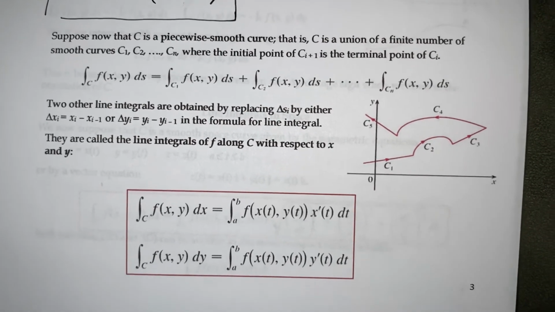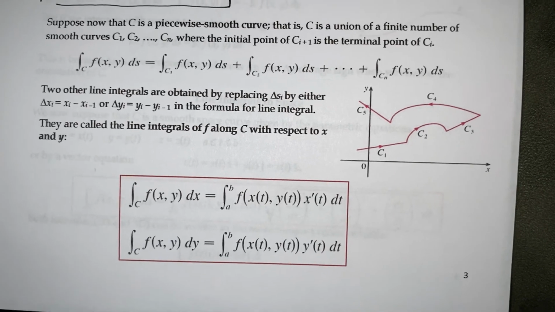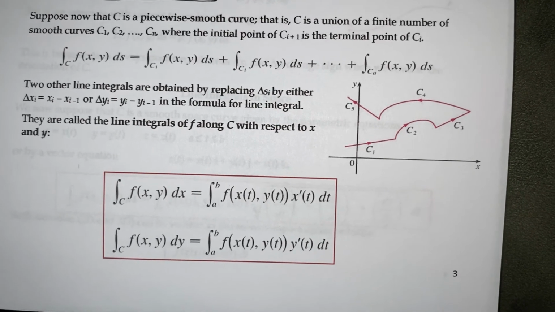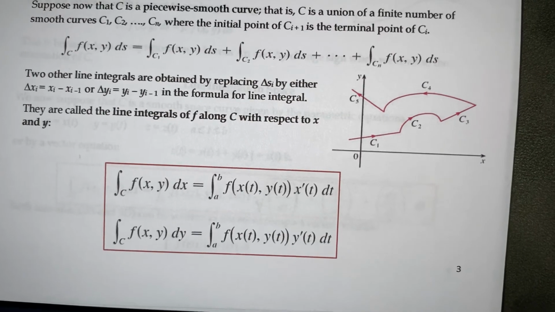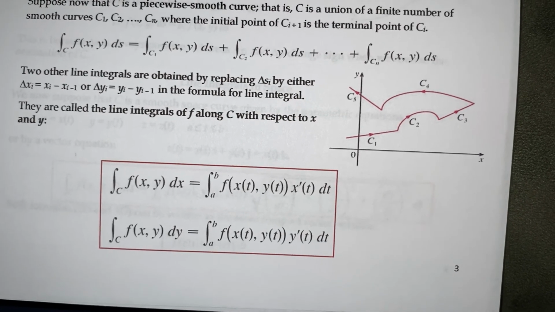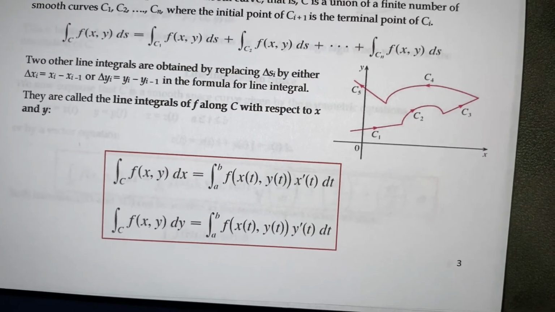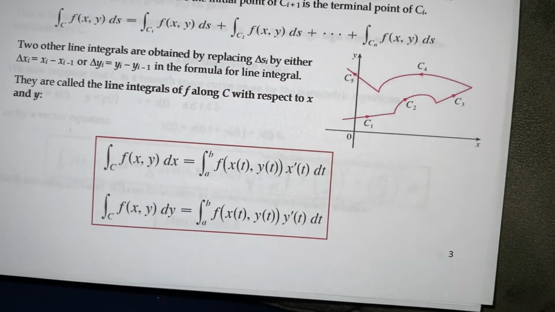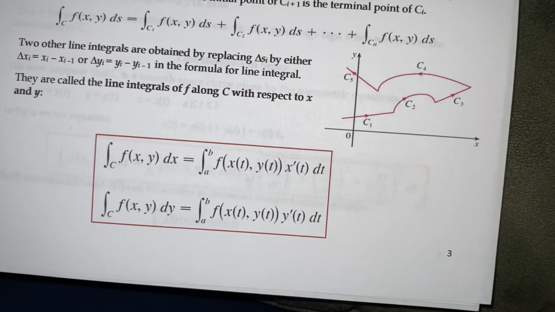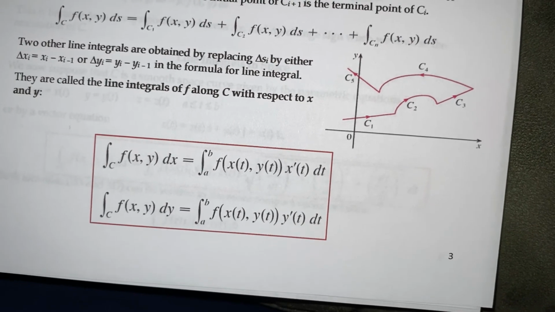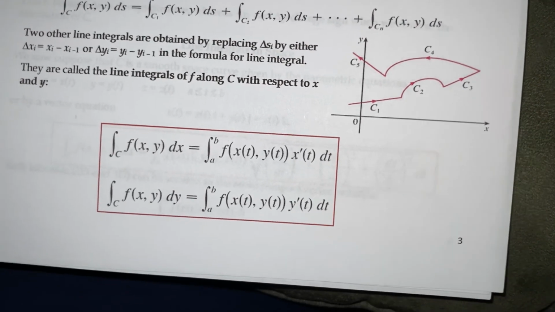Now, two other line integrals are obtained by replacing delta s by either delta x, which is just the difference between two x's, or delta y, the difference between two y's on the curve, in the formula for the line integral. They are called the line integrals of f along C with respect to x and y.